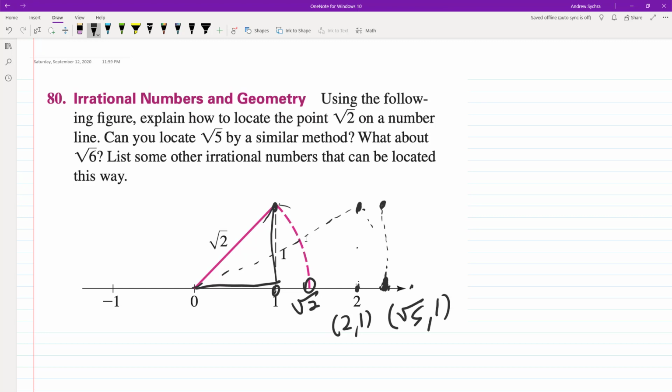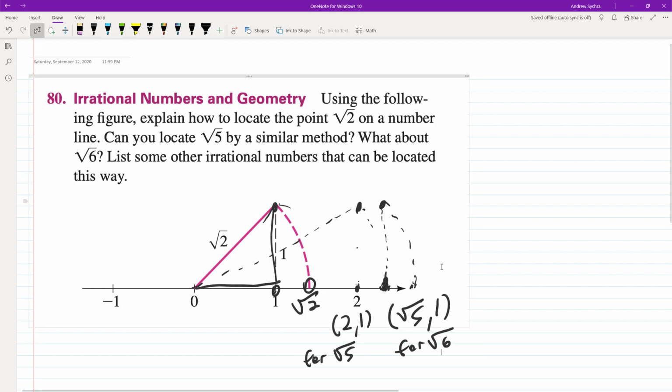So you go up here, and then you drag it down. That's it. All right. This probably didn't show up very well for square root of 5. For square root of 6, a little bit confusing, but hopefully that helps you out. Okay, let's move on.